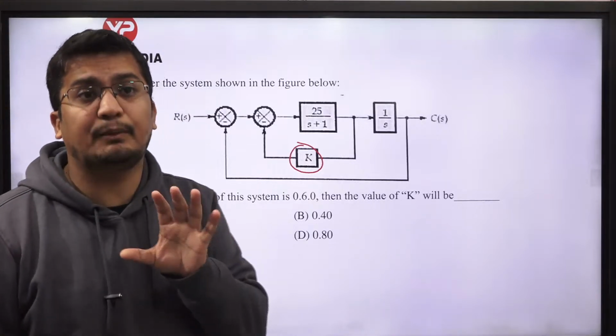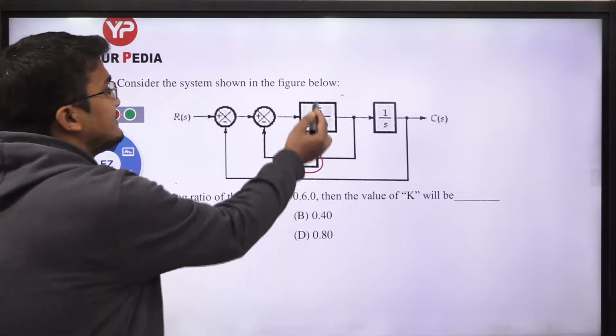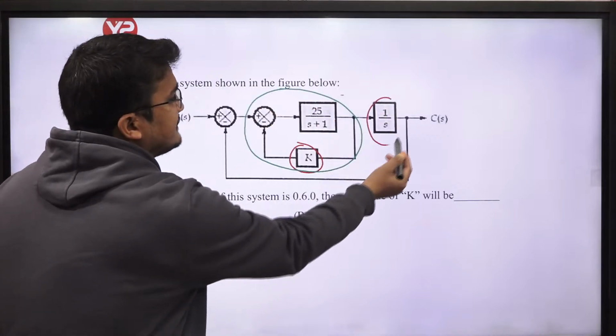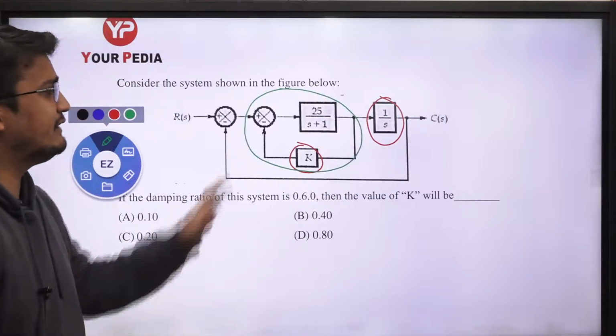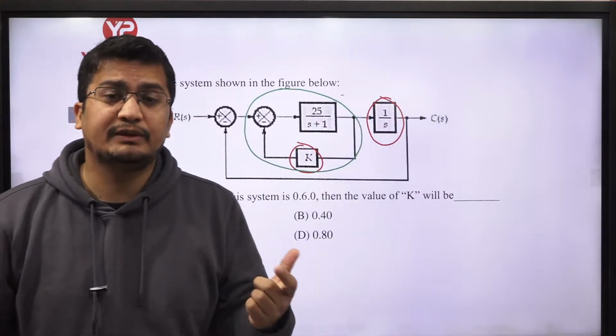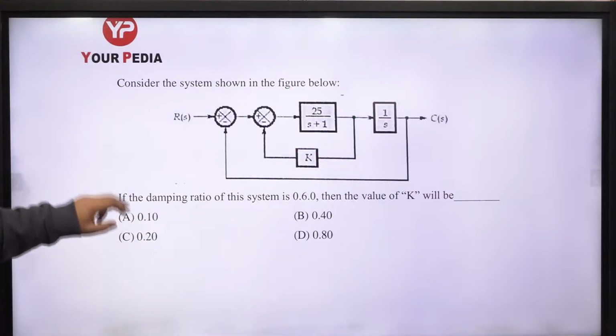That is the hint I'm providing. This question is framed in such a way that first you minimize this section, then cascade this section's transfer function with this. Whatever transfer function you get, you compare with the standard, and from there you will get the answer. So the answer for this question, you can see here, the solution is this one.